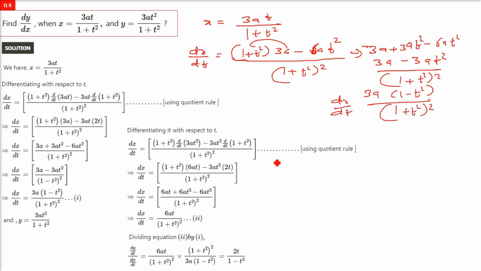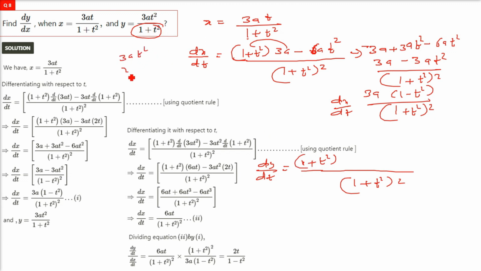Now we will go about differentiating y, dy by dt with respect to t. So (1 + t²)². Now 1 + t² will be here. Differentiation of 3at² will be, t² is 2t. So 3a and 2t is 6at. 6at minus, so this 1 + t² was outside. Now we are going to do the differentiation of 1 + t² here.